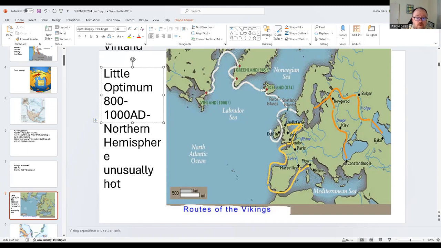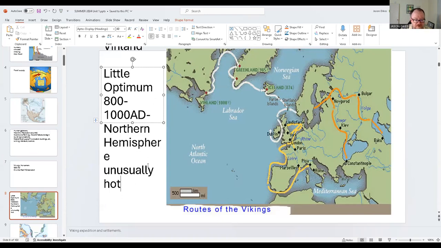It was very, very warm. Even up here in Scotland, they were growing grapes to make wine. That's how warm it was. This unusual warmth meant that Greenland and Vinland, which are normally not good places for farming, were acceptable places for farming.